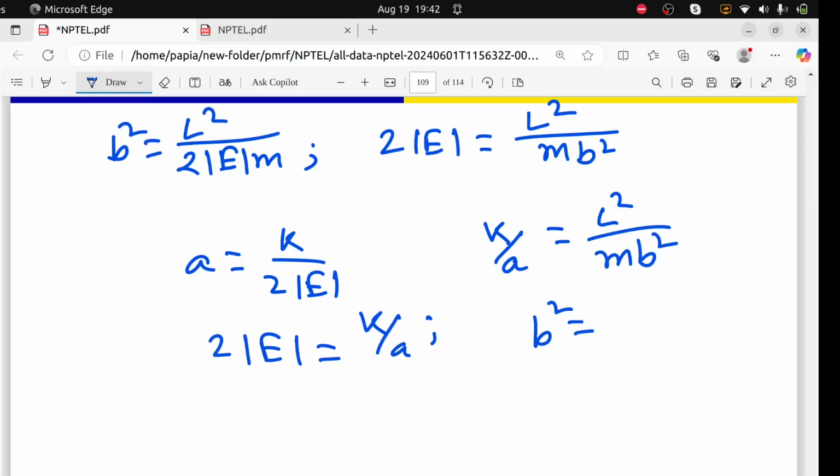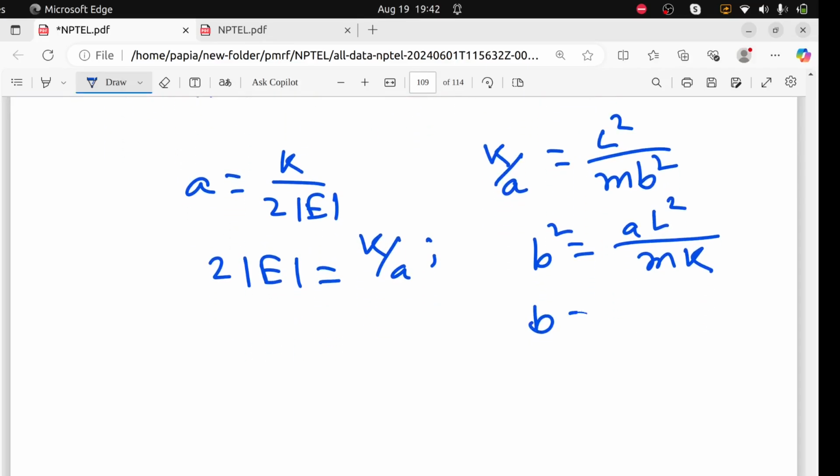So B square equals A L square by mk. So again I can write B as A to the power half L by mk to the power half.